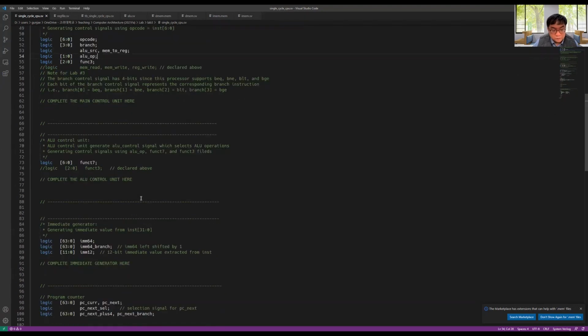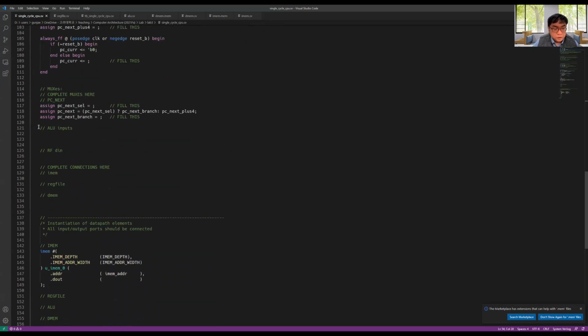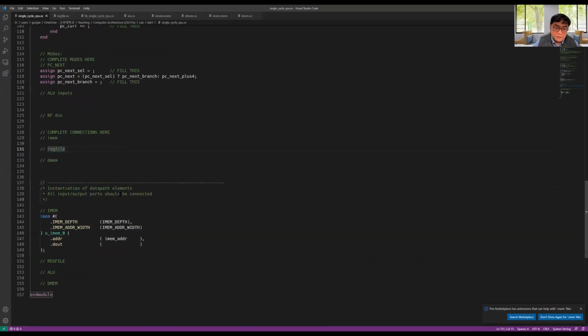Also you need to complete this part. Please find the fill this and the incomplete parts of this single cycle processor design.